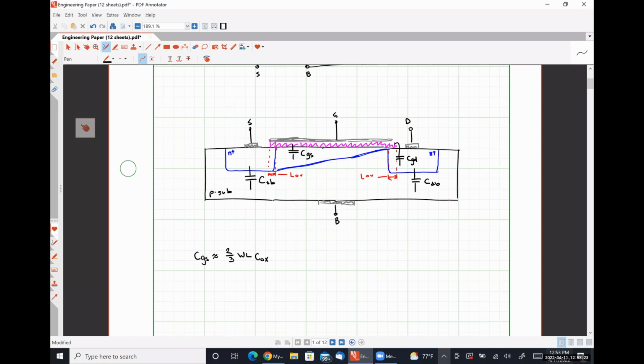We're going to add to this a term, W L overlap Cox, that represents the capacitance seen between the polysilicon gate and the actual source area due to that region of overlap.